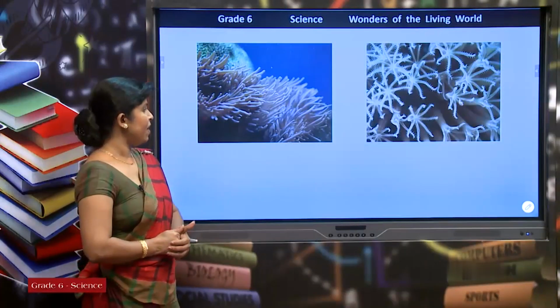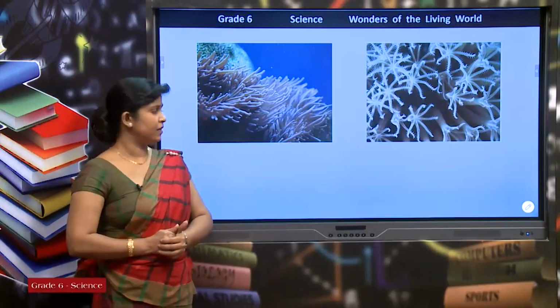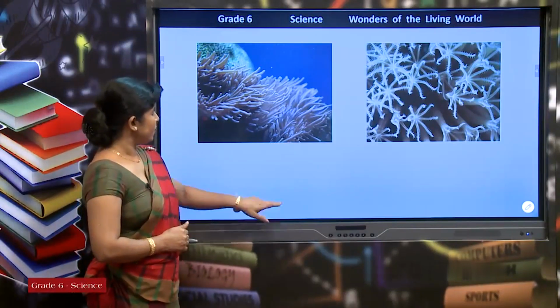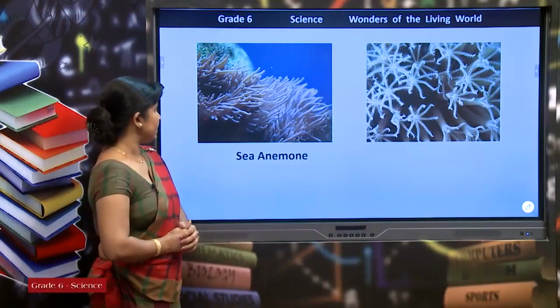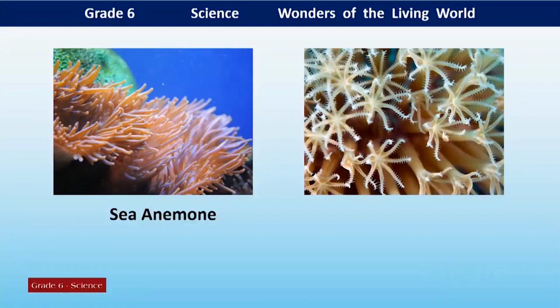Right. Have you seen these pictures? Yes, you may have. First picture is sea anemone living in the ocean. In marine environments we can find sea anemone. Then coral polyps, right? There are two varieties of organisms. First one is sea anemone, second one is a coral polyp.